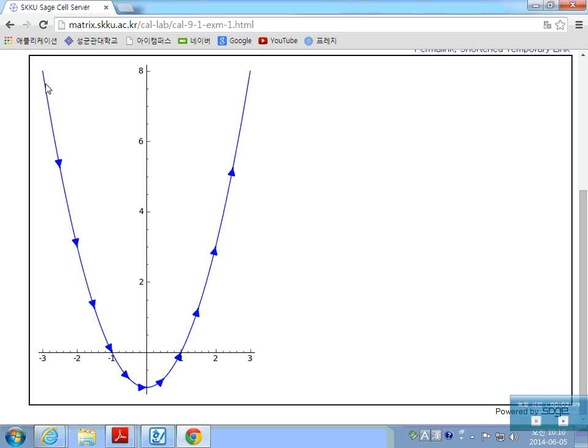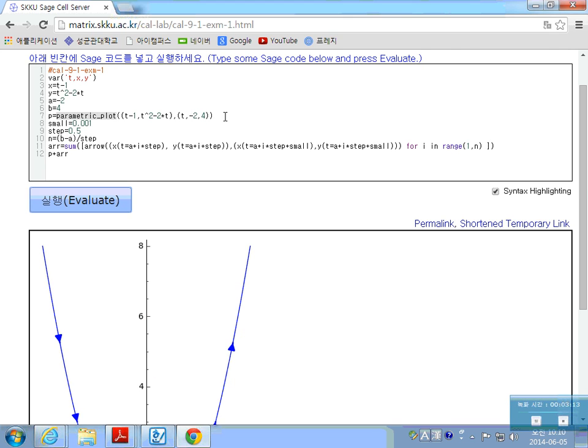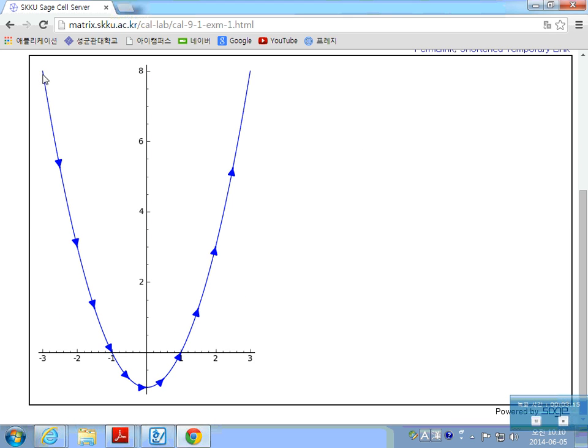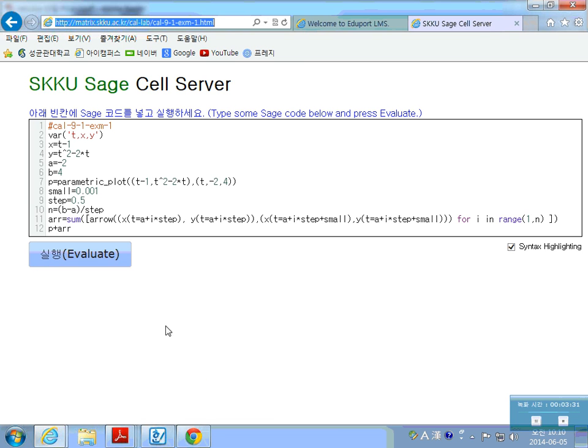As time changes from minus 2 to 4, the x coordinate value and y coordinate value change like this, from time t equals minus 2 to time t equals 4. It moves like this.